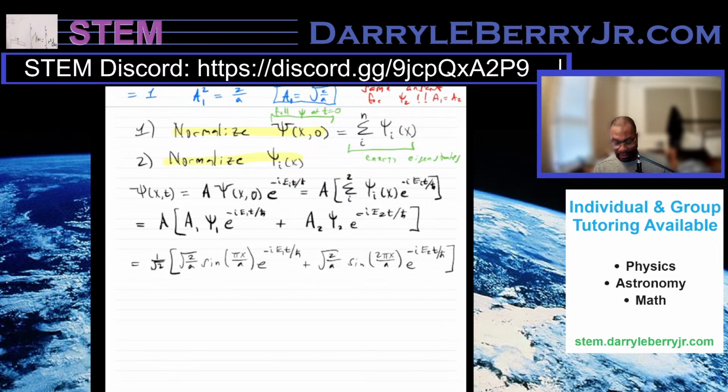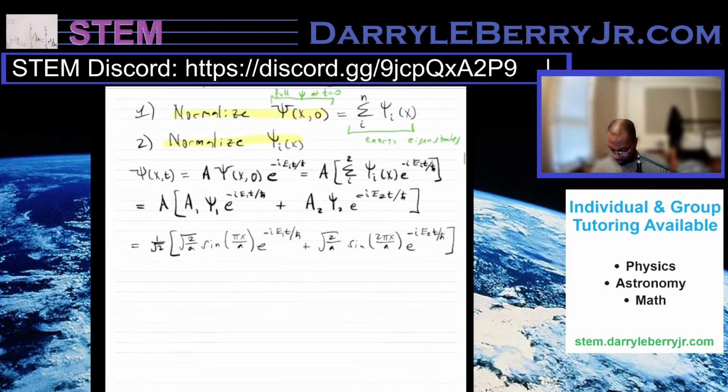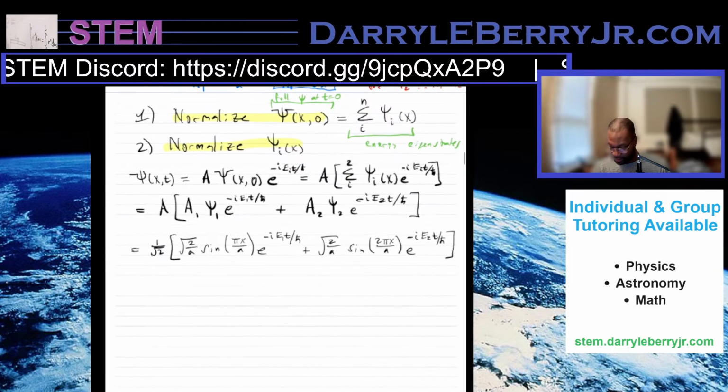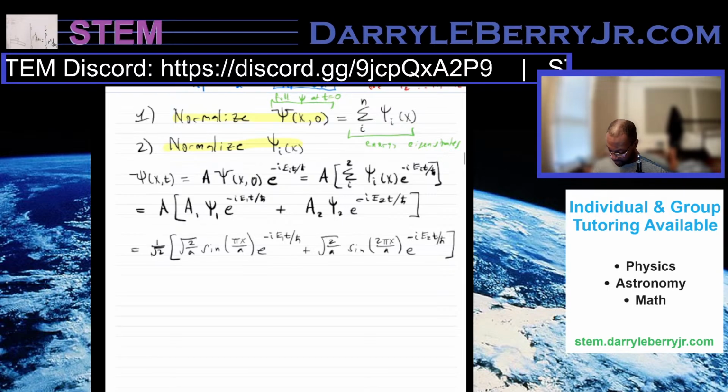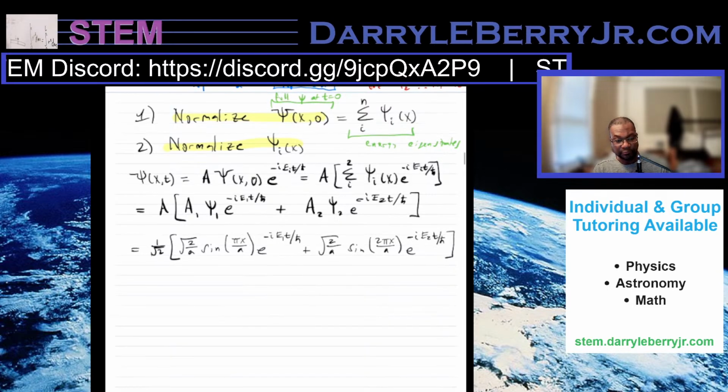Take a look and see what we have. So 2 over a sine pi x over a e to the negative.